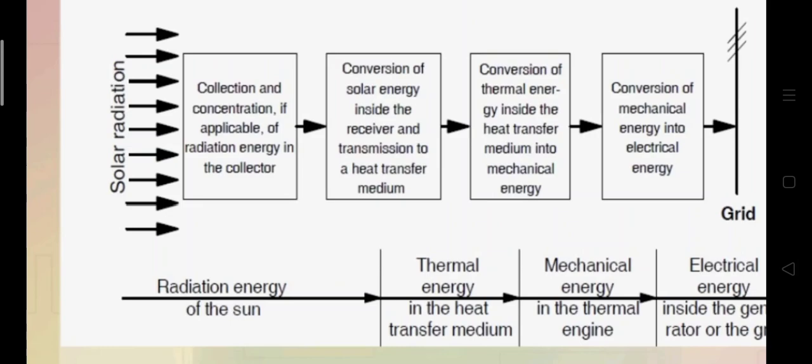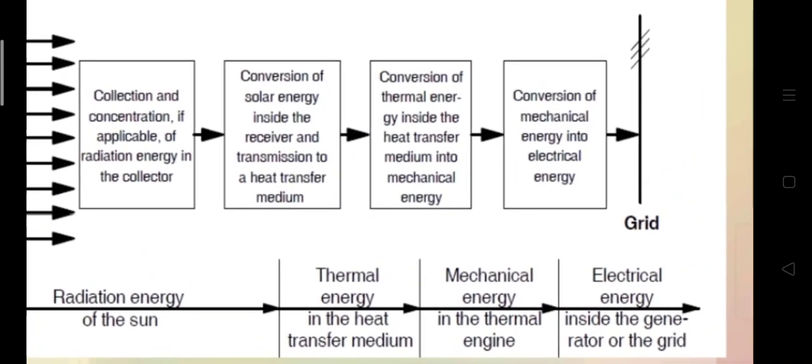So the radiation energy of the sun is converted first into thermal energy in the heat transfer medium, second into mechanical energy in the thermal engine, and third into electrical energy inside the generator of the grid.